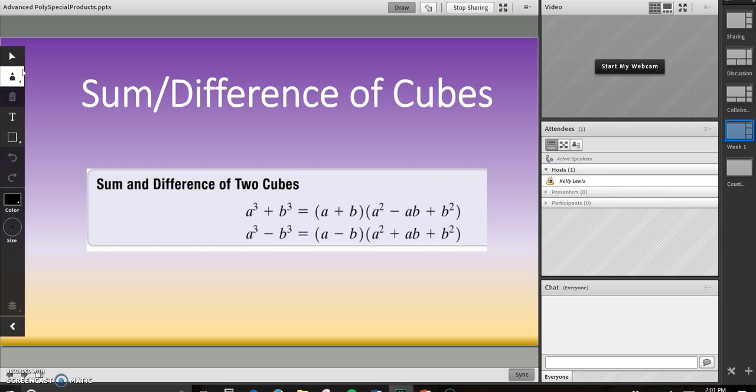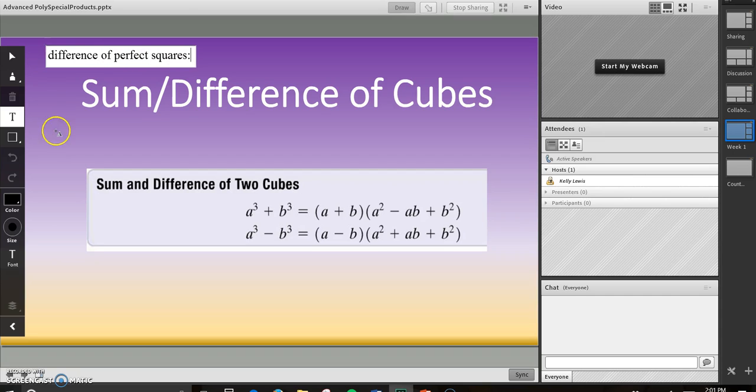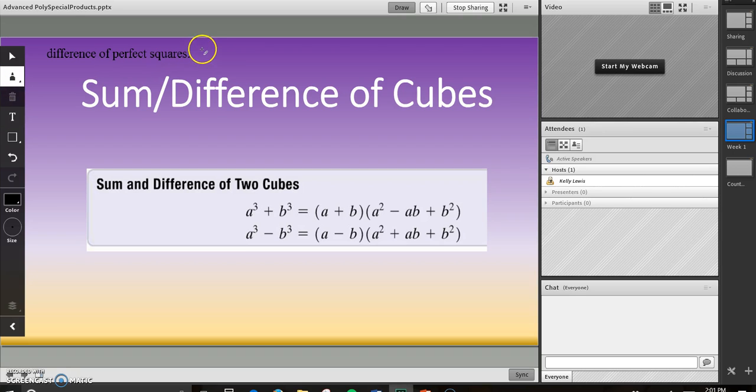You learned what's called the difference of perfect squares, and it is this guy. You may not know you learned this, but you did.